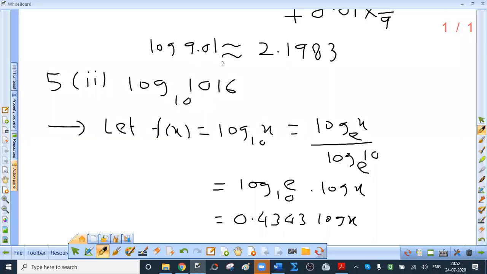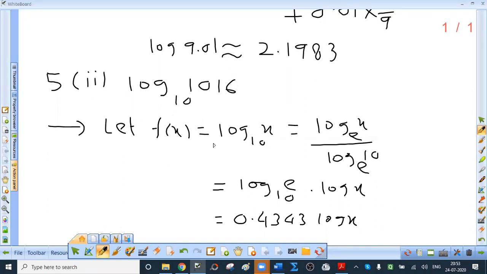So what is log of 9.01? It is approximately 2.1983. Now the next one is important. We are asked to find log of 1016 to the base 10. Listen to me. We define f of x as log x to the base 10 only and not log x to the base e, because we have to find log of 1016 not to the base e but to the base 10.